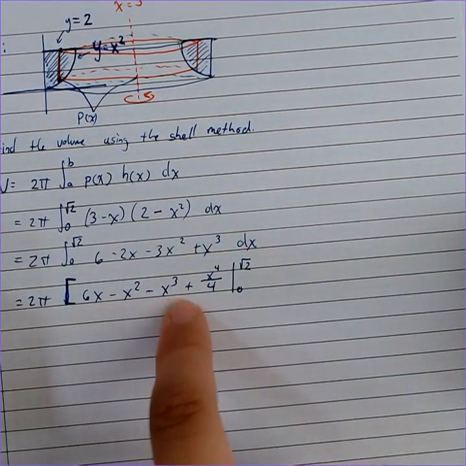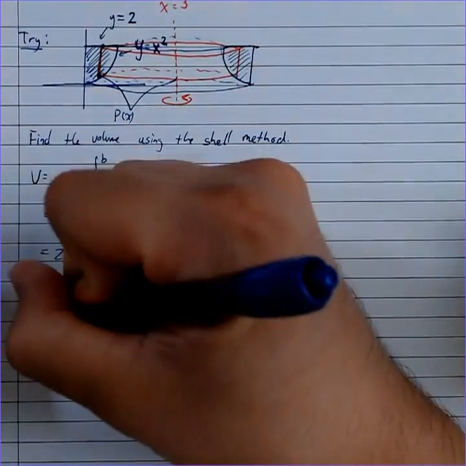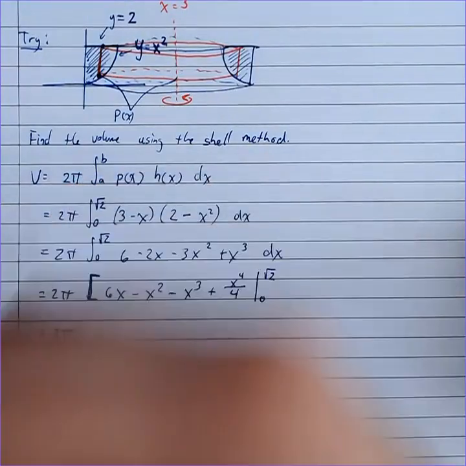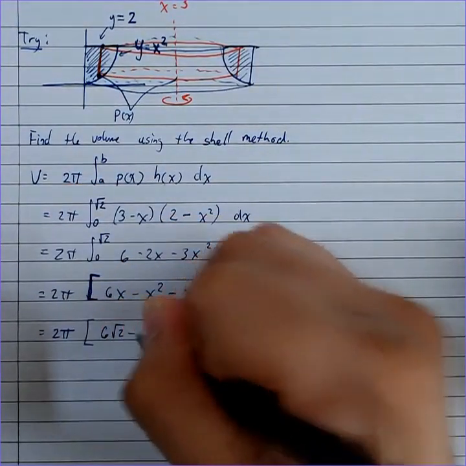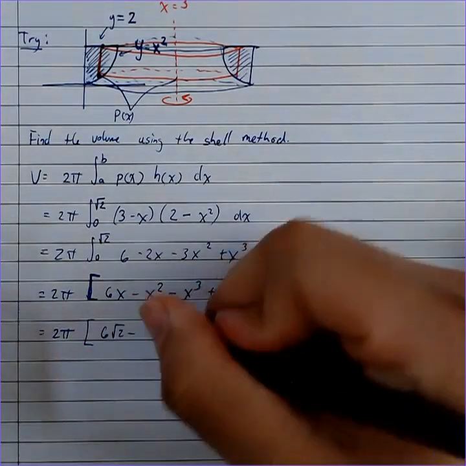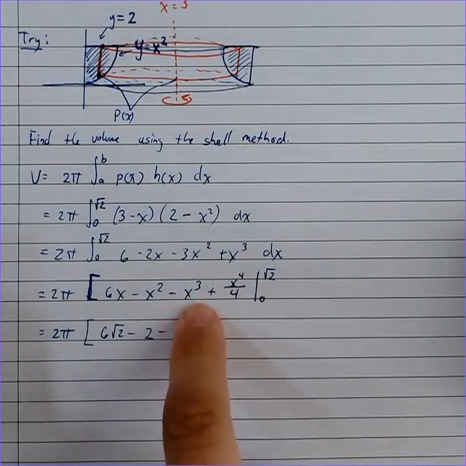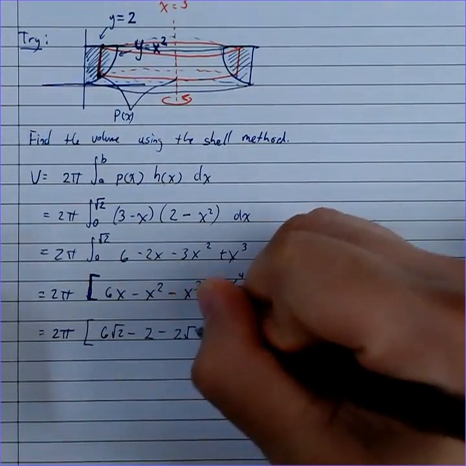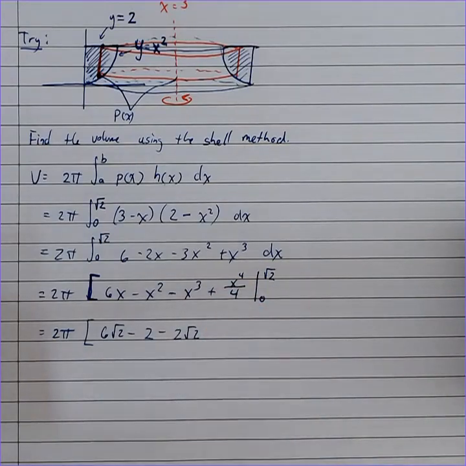Obviously, 0 minus 0 minus 0 plus 0 is not going to make a difference. So let's just worry about the root 2. So it's going to be 2 pi times 6 root 2 minus root 2 squared, that's just the number 2, minus root 2 to the third power, that's going to be 2 root 2. Root 2 to the fourth power, that's going to be 4, divided by 4 is just 1.